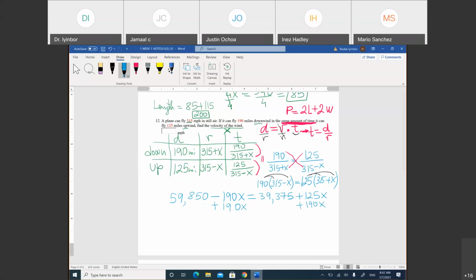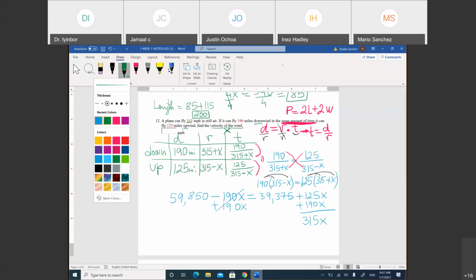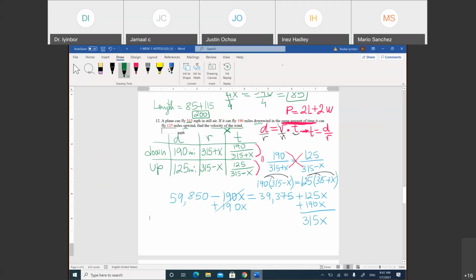And this cancels. And that will give me 190 plus 125, which is 315x. And then I can just bring everything down, or if you want, you can do two steps together. You can subtract. Because x is on the right side, I can move 39,375 to the other side.